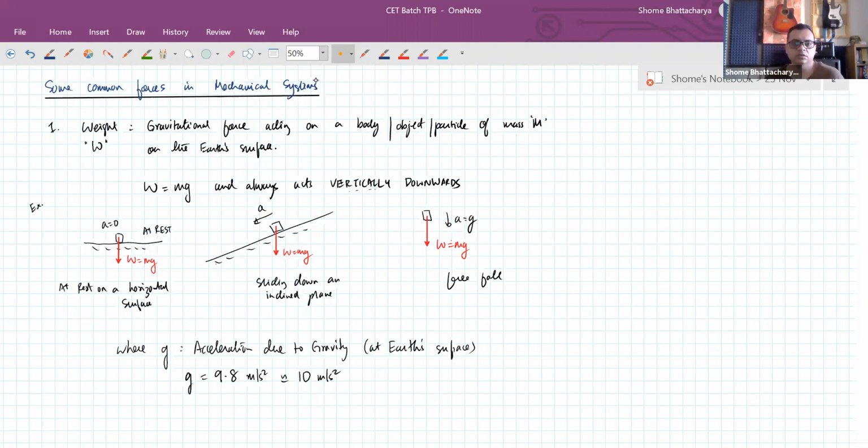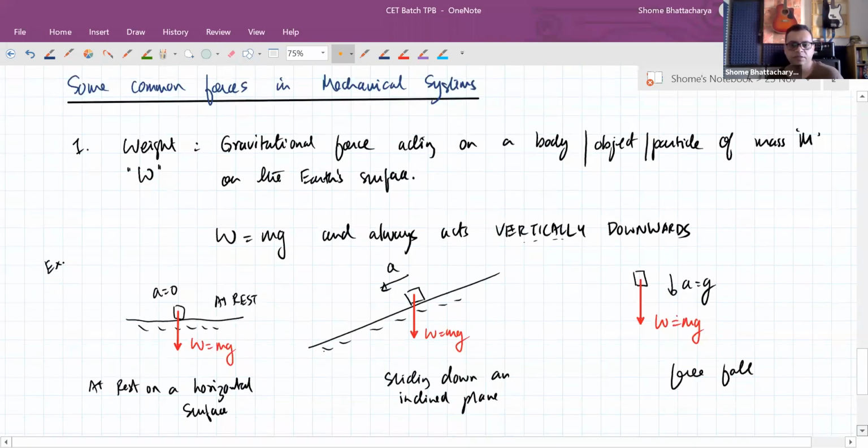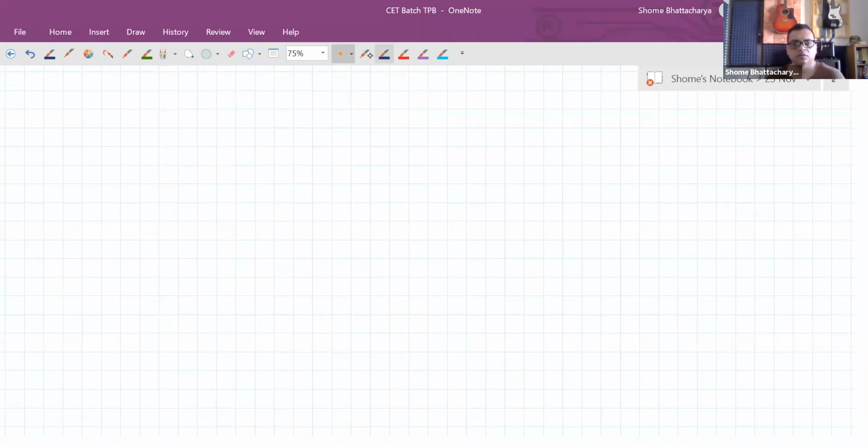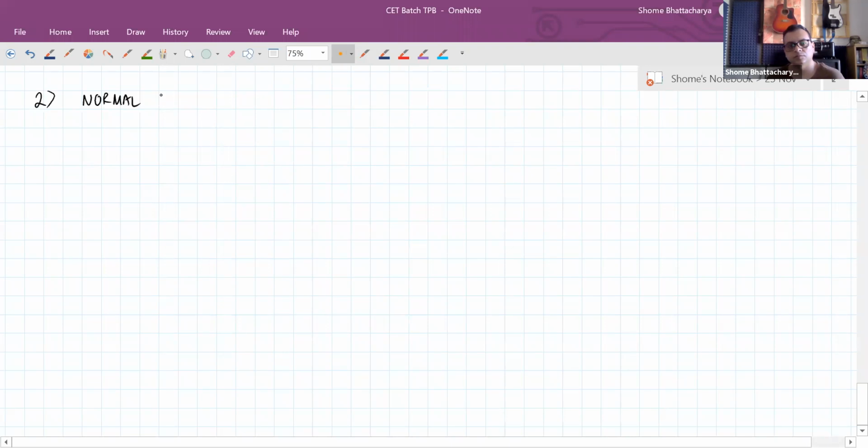Okay, so this is the first of the fundamental type of forces or the common type of forces. The next up, we will see a force called normal reaction force. Now, this is something a little different to weight.